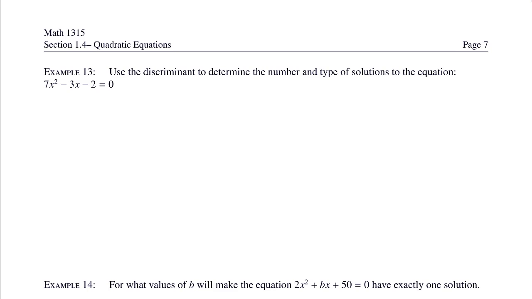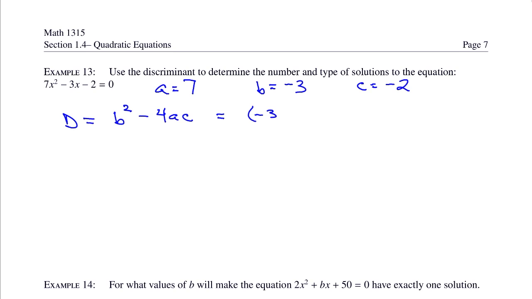This equation might be difficult to solve and find the solutions, but we can know the number and the types of solutions by using only the discriminant. So we know we need A, which is 7, B is negative 3, and C is negative 2. Next, we compute the discriminant, which is B squared minus 4AC.